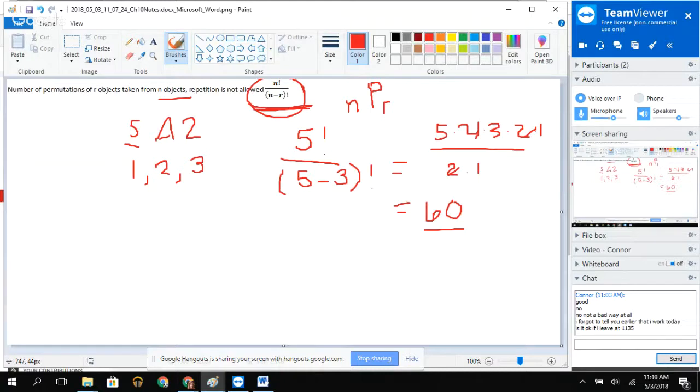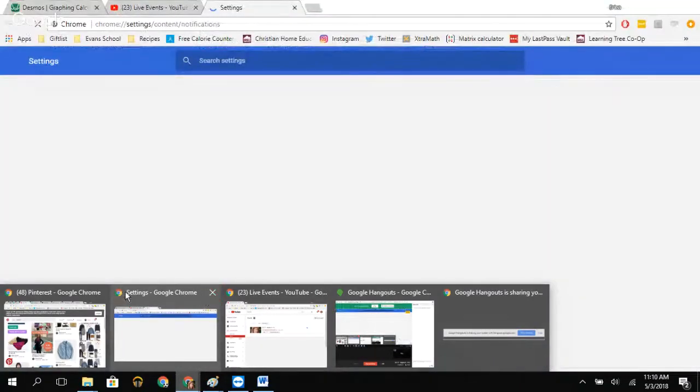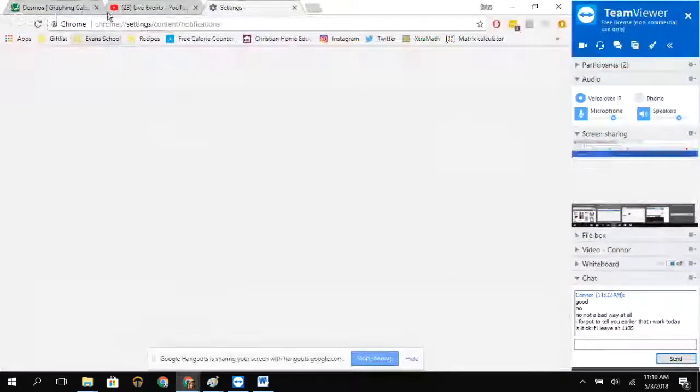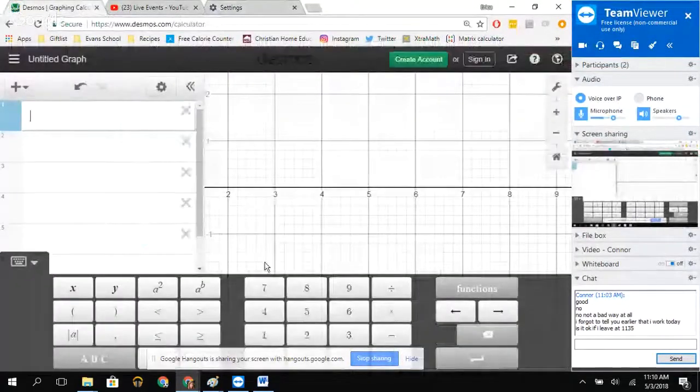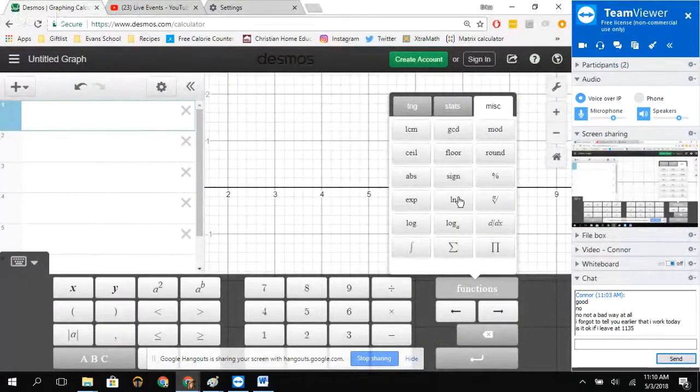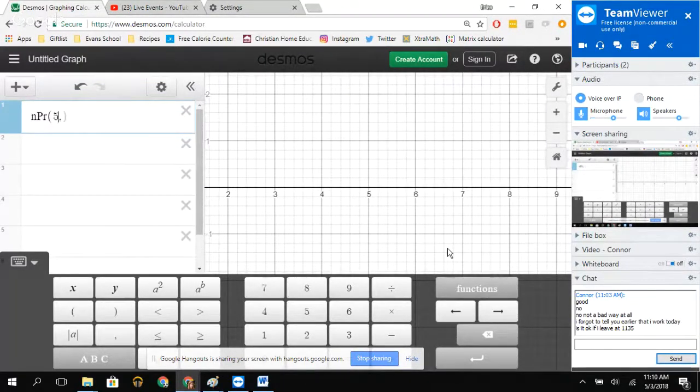And I said it a little bit better on the call, but you can also do this in Desmos if you want to. Let's see, somewhere on here is Desmos. I don't know where you are, Desmos. Here we go. So under functions, statistics, NPR. So we have 5 students and we want to be able to pick them 3 ways. What's going on with you, Desmos? I had this problem earlier. It didn't want to evaluate anything for me.